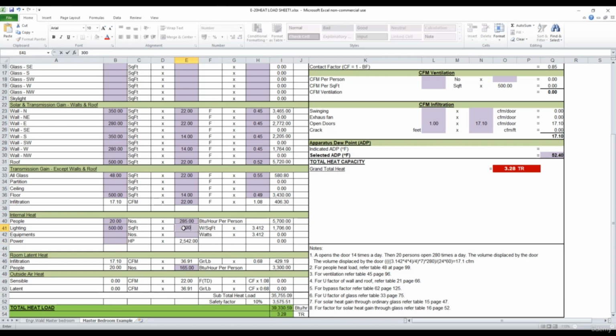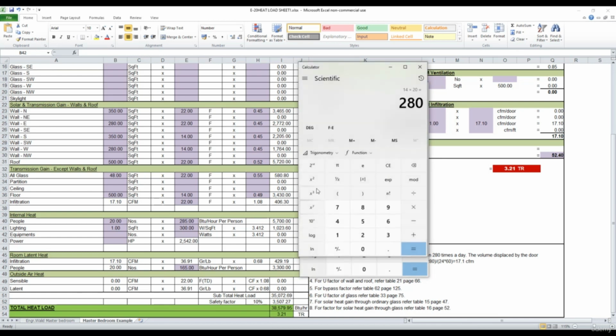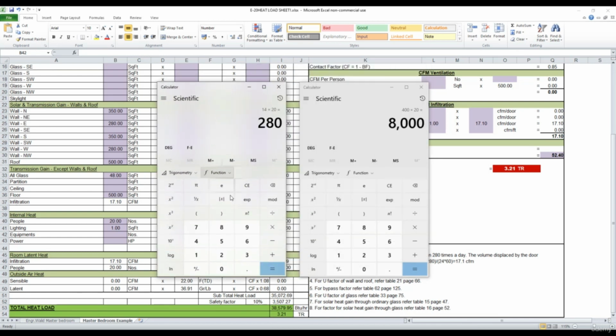Next is the heat load due to equipment. This we can find out from the customer's specification. As per the customer's specification, there are 20 workstations of 400 watts power each. Thus all the workstations will consume 400 multiplied by 20, that is 8000 watts of power. There are a total of 2 printers in the room consuming 340 watts of power each.